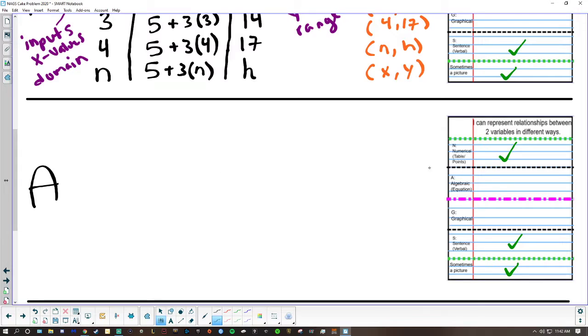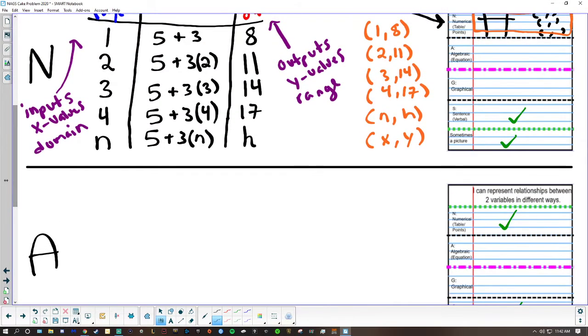The A of NAGS stands for the algebraic equation. So we need to take the table we made above, and we need to figure out how we can turn this into an algebraic equation. And here's a little hint. The reason we made this generic rule at the bottom of our table is because that's actually exactly our formula.